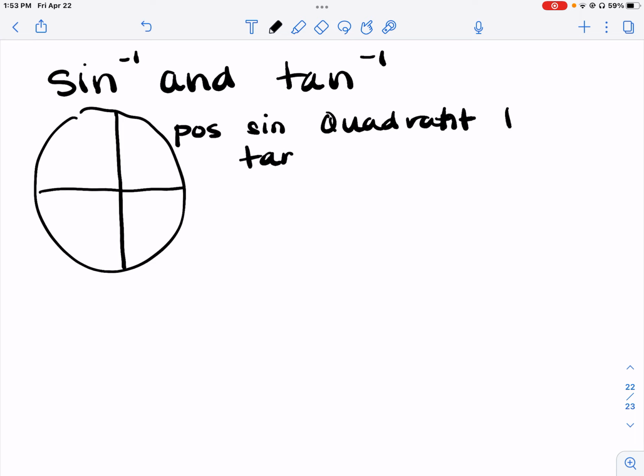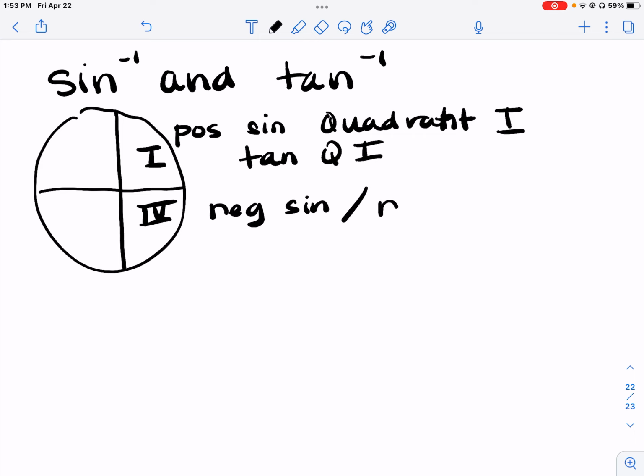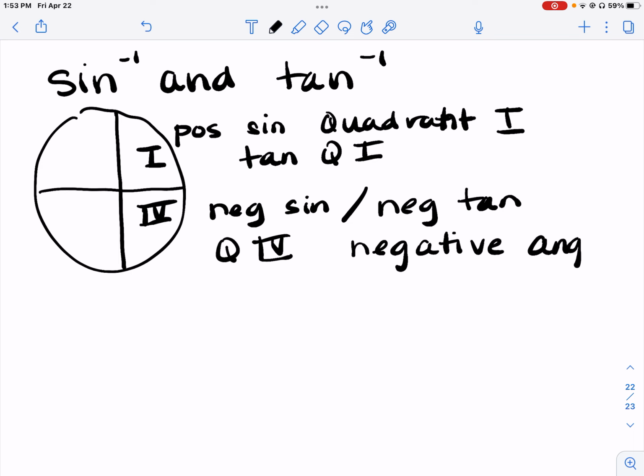Your positive tangents are also Q1, quadrant 1. Negative sine or negative tangent, you use quadrant 4, but you have to call them the negative angles. Okay, so for inverse sine and inverse tangent, they're defined on negative pi over 2 to pi over 2.